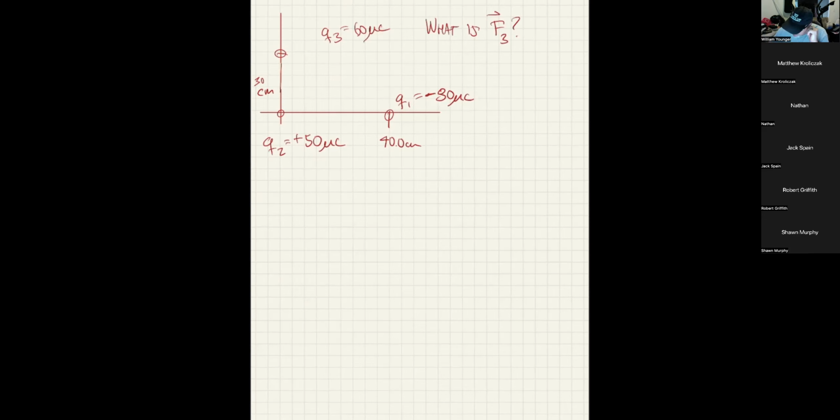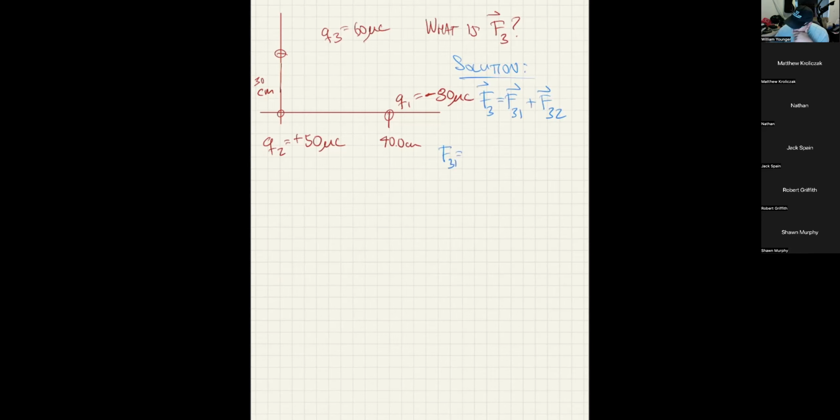So I'm going to start writing my solution by choosing another color. What I say is F3 is actually the force on 3 due to 1 plus the force on 3 due to 2. Does that make sense to everyone? So I'm going to write down F31 right here.